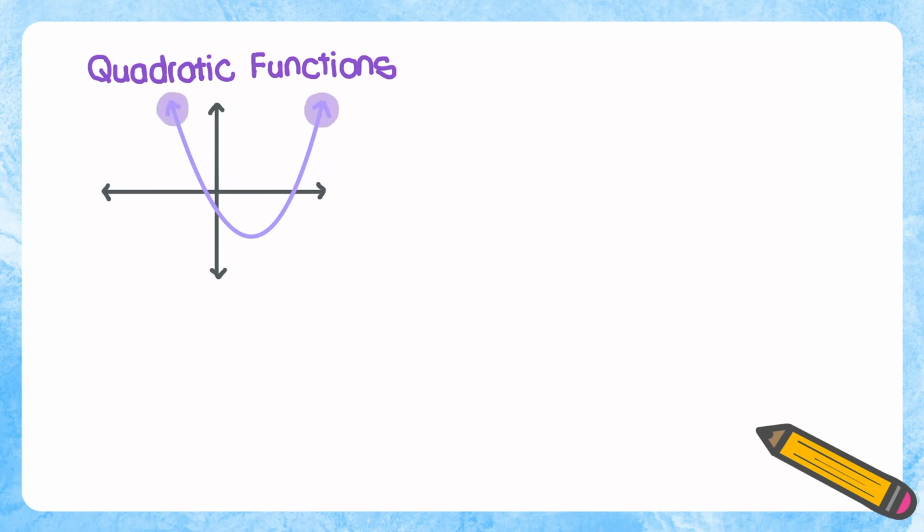So here, notice that this parabola will keep going up forever and ever, but it does have a lower bound at this point, which is also called the vertex, by the way. So this function is bounded below, because you can't go any lower than that point.